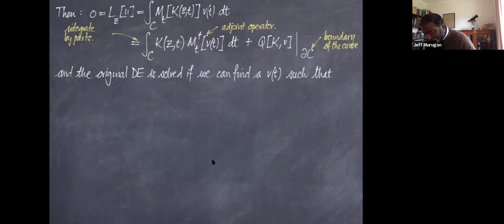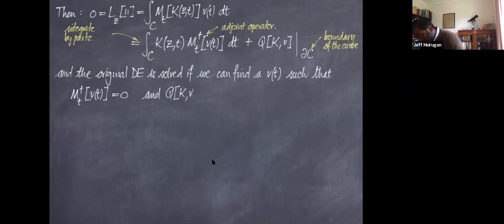So I want to be able to find some function v of t that satisfies two equations. One is that M_t dagger acting on v of t vanish. And two, that this boundary term Q of K and V, whatever it is, which I'll get from integration by parts, also vanish.